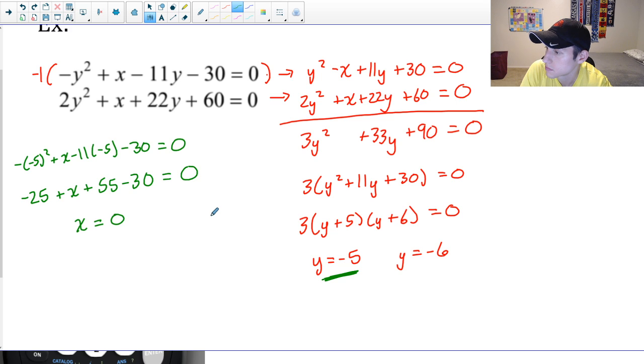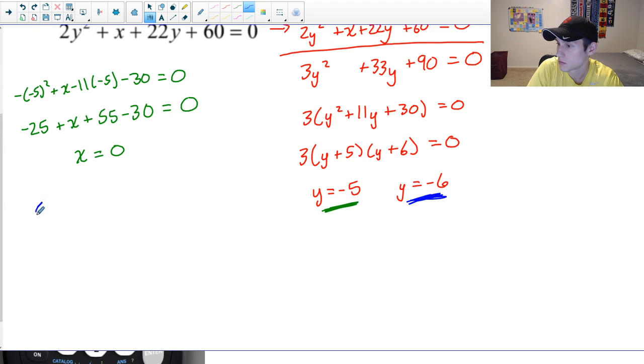Yeah, I think so. Okay. Next up, we do the same thing, but with y equals negative 6. So we'll plug that in into the same equation. Negative 6 squared plus x minus 11 times negative 6 minus 30 equals 0.